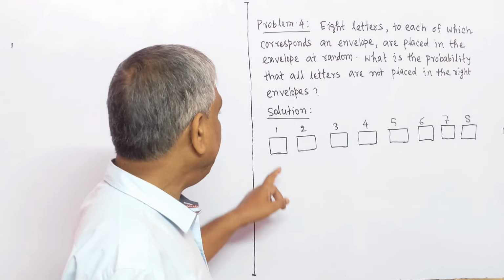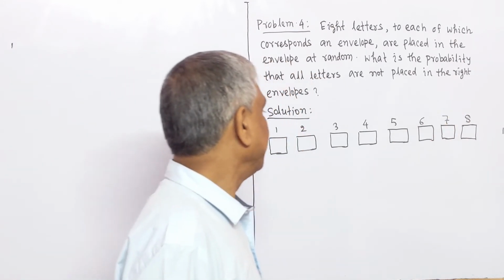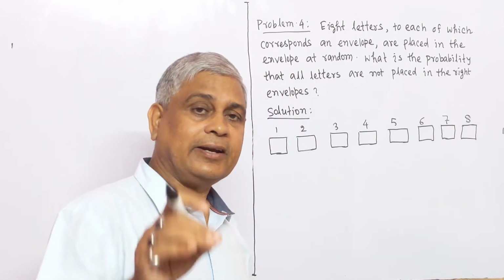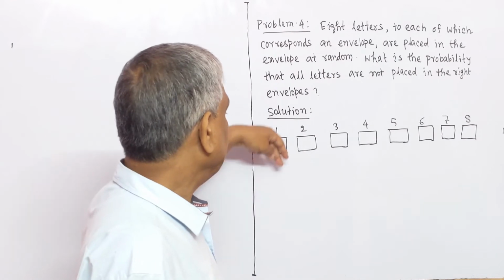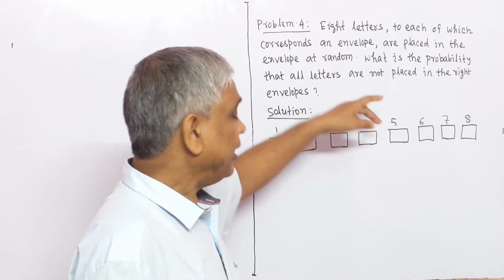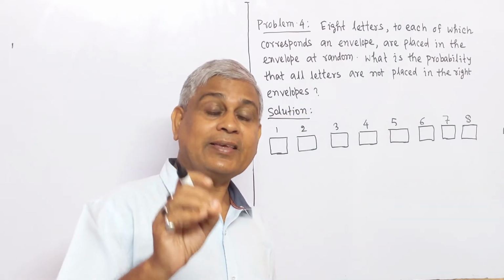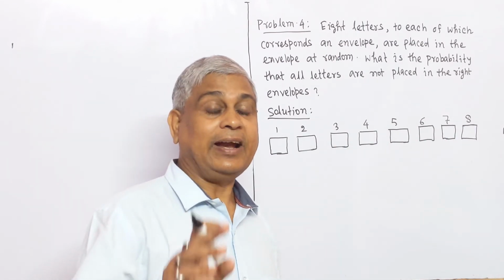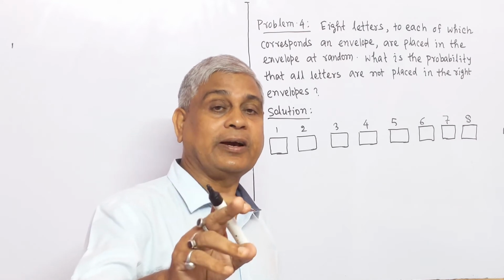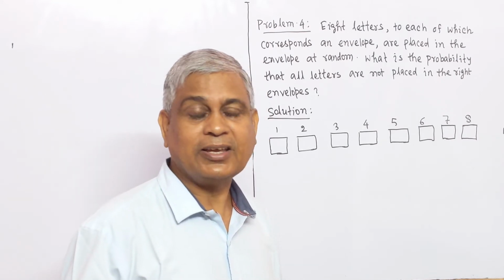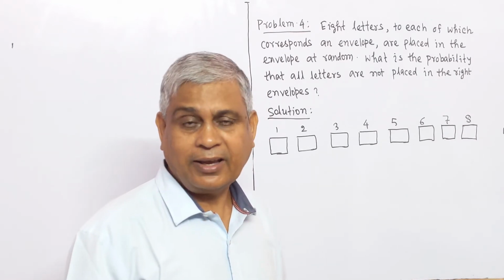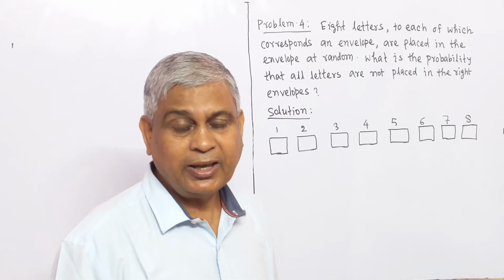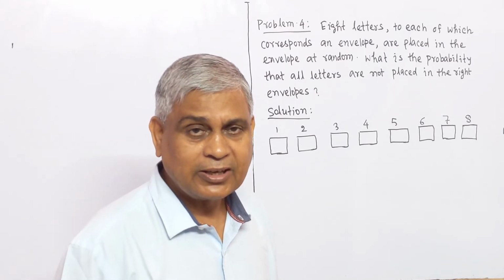Here we have 8 envelopes and letters are to be placed in the envelopes. If we place the letters in correct envelopes, then that process will be correct process. Otherwise, remaining process will be incorrect process.